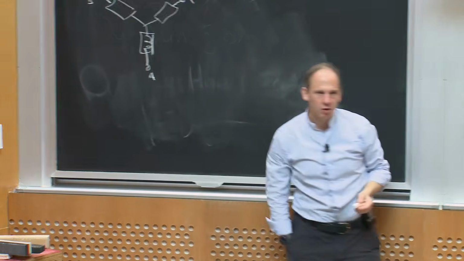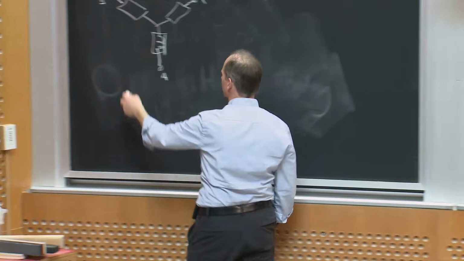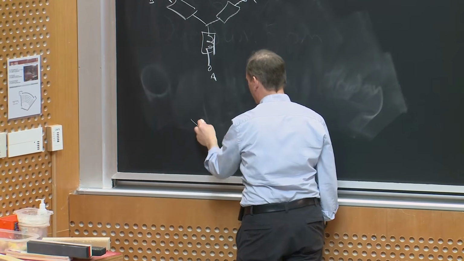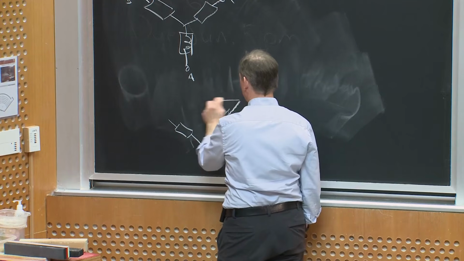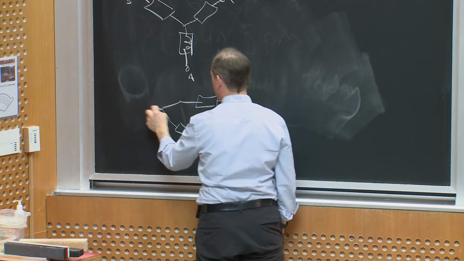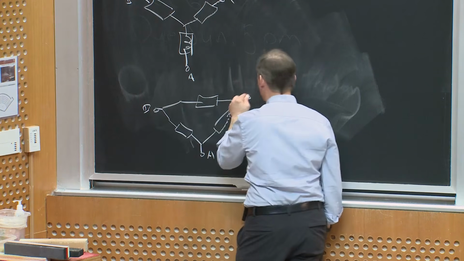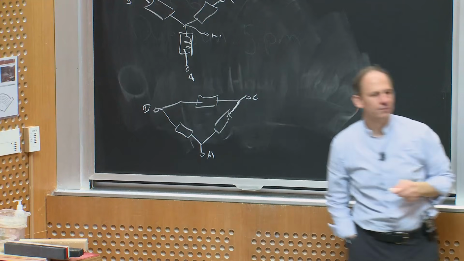I only have 3 terminals, okay? Or maybe I have a delta, this is a Y connection, maybe I have a delta connection where the machine is wound like this. And again, I have A, B, and C. In this case, I might have a neutral. In this case, I have no neutral, okay?